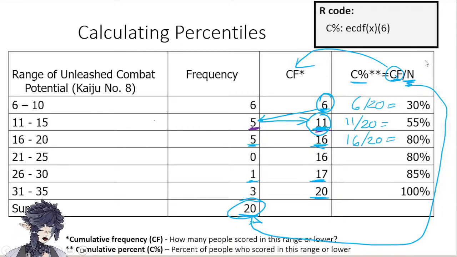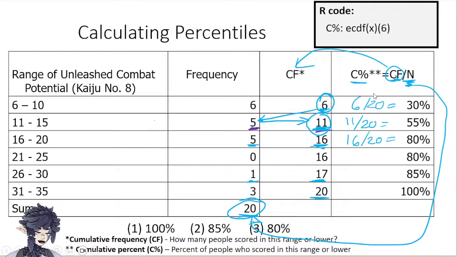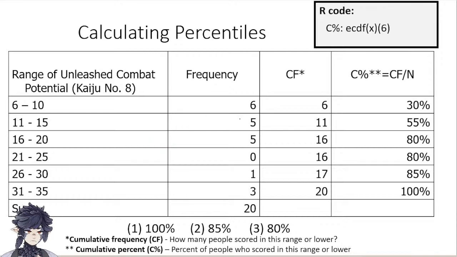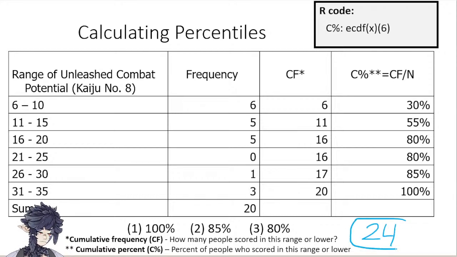So let's do a little test. Let's say I was randomly isekai'd into the world of Kaiju No. 8, and they measured my unleashed combat power, and my unleashed combat power was, say, I don't know, 24. If my unleashed combat power is 24, which percentile am I in, according to this data?